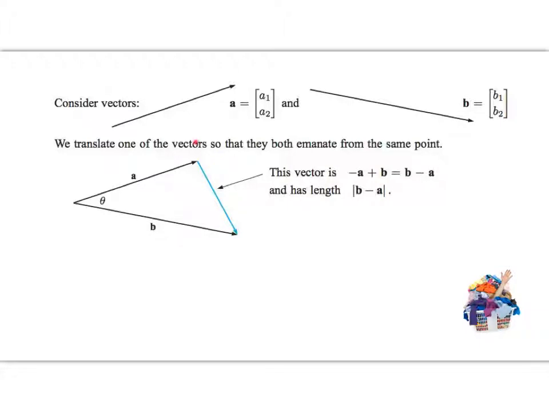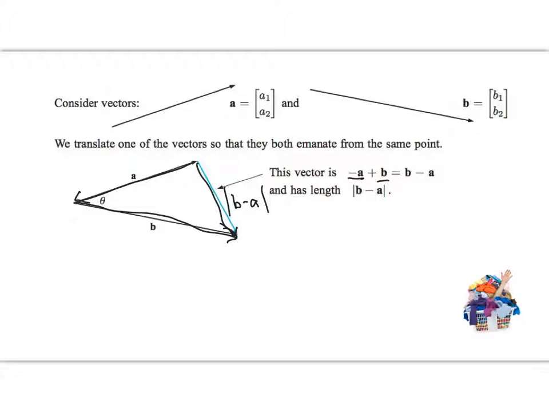So it has a length of, let me get my pen out, right here. This has to be its starting point, so that's negative A, and then this vector has to end at this end point, and that's positive B, so that's negative A plus B, or B minus A. The magnitude of that is the length of this vector.